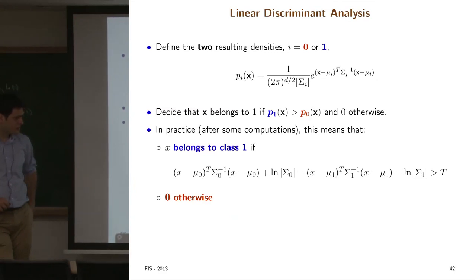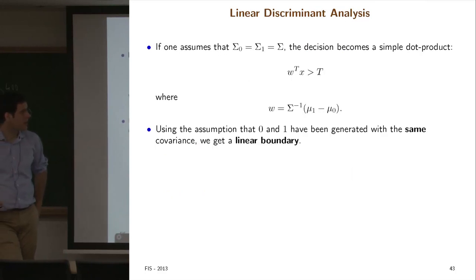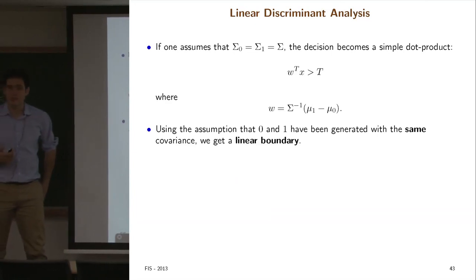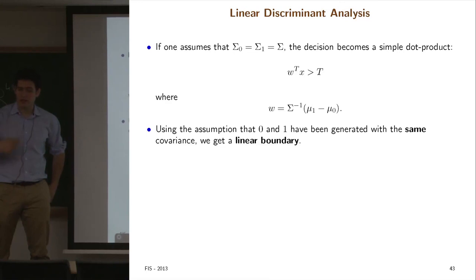So this looks quite easy, but still it's not a linear function, right? If you look at this, this is a quadratic function of x. Okay? So this is not a linear classifier yet. It becomes a linear classifier when you assume that the covariance matrices are the same. So in that case, you would have to estimate again the covariance matrix.